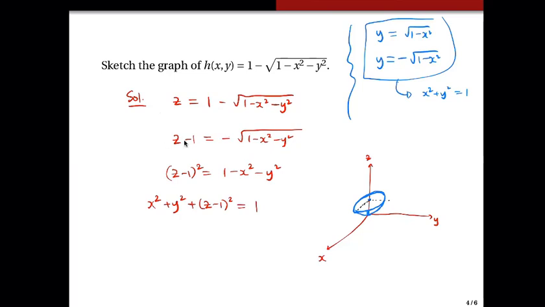So the value of z minus 1 must be negative. It means it must be lower than z equals 1. That's why you have your z equals 1 in here. You only consider the values of z that are lower than 1. Okay? Does that clarify your confusions?